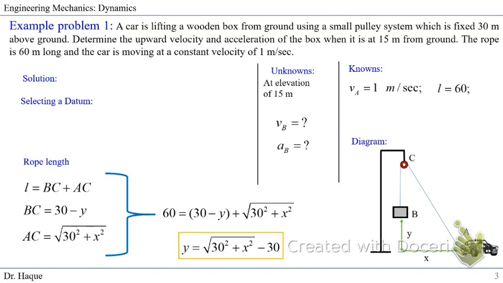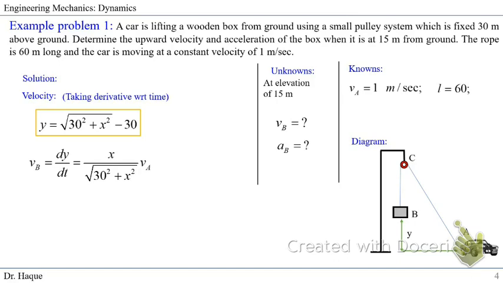With this equation, we made a relationship. If you simplify this equation, you will get this equation. This makes a relationship between x and y, and we're going to use that to solve the problem.